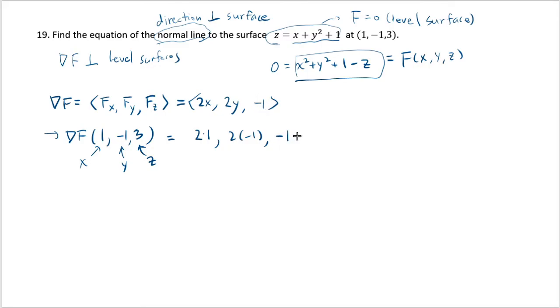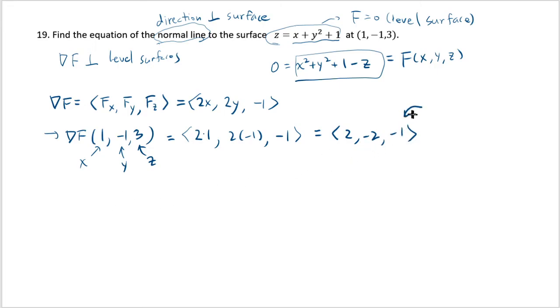So in the end, z equals 3 doesn't get used at all. But sometimes that happens. Actually, if you start with z equals a function, you will always see that z doesn't get used. But if you have other complex functions F, then you will have cases when you use the z. Alright, anyways, you get (2, -2, -1).